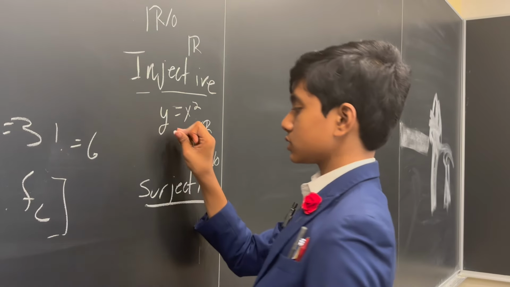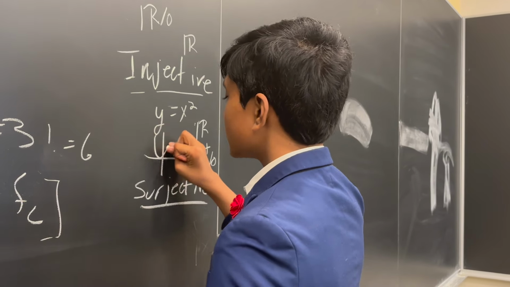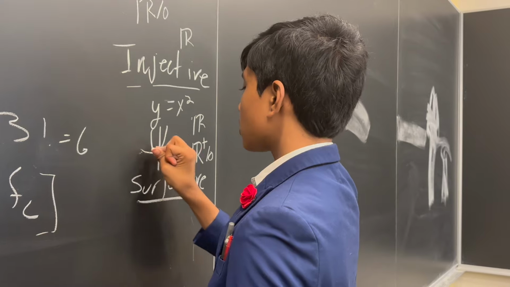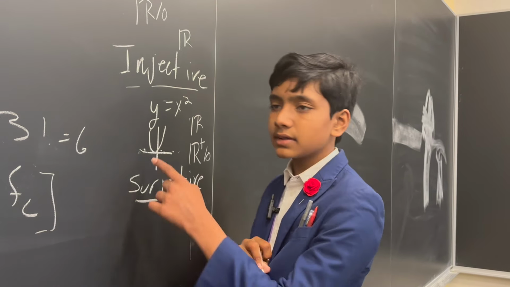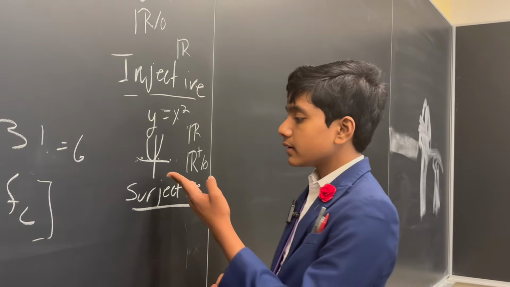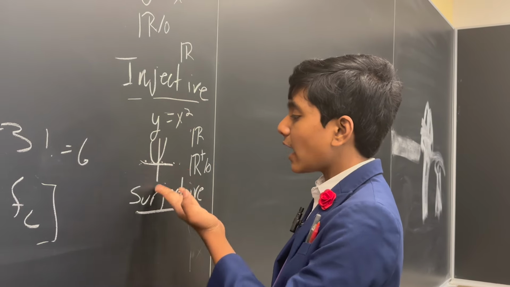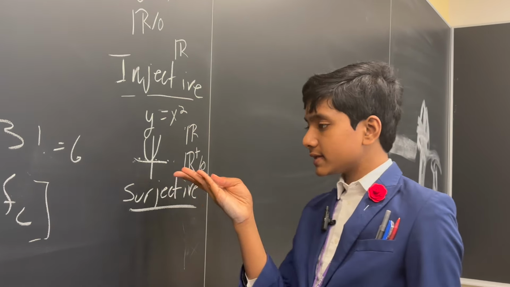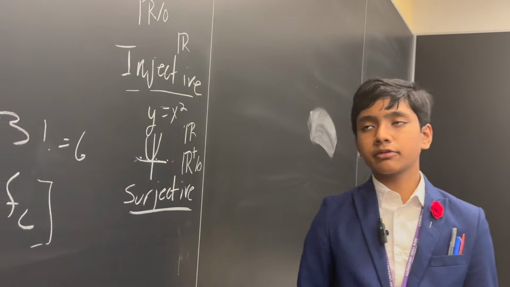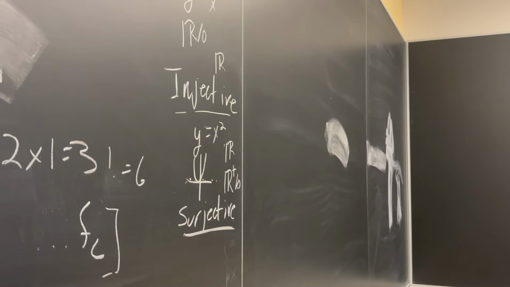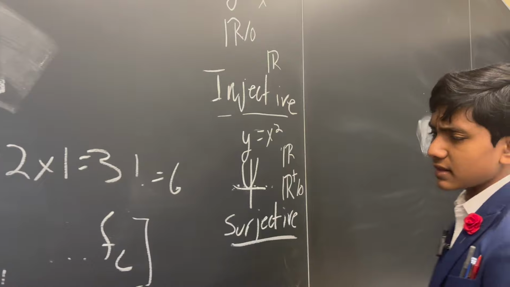Once we graph it, you can see every single number on the number line maps to its square. But none of the outputs, no part of the range, is in the negative numbers. There we go. So that's what injective and surjective basically mean.